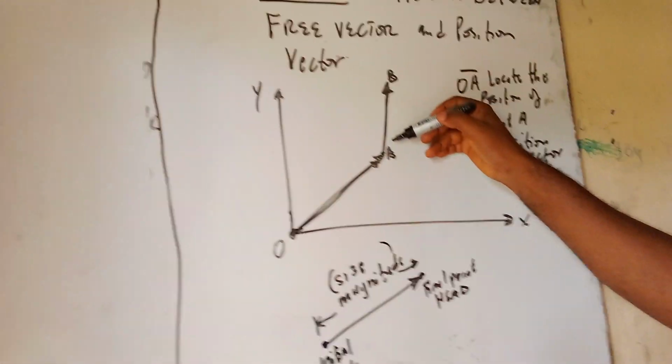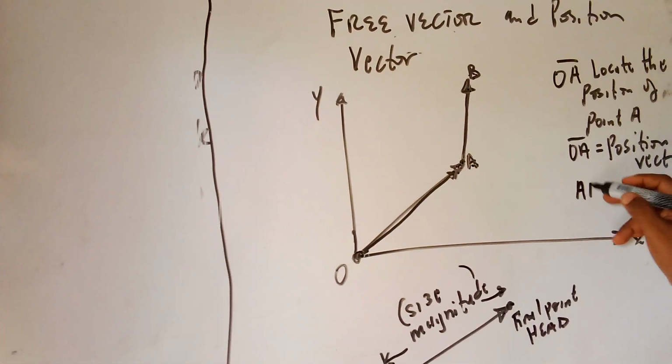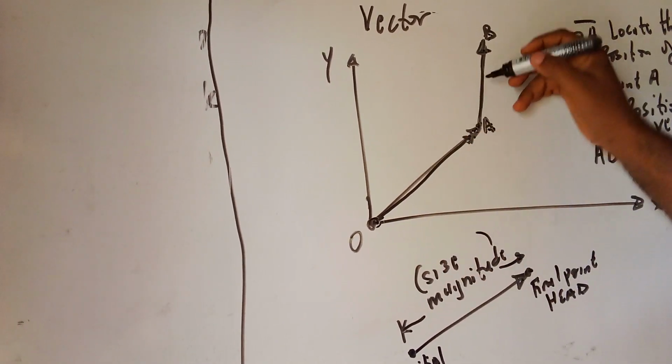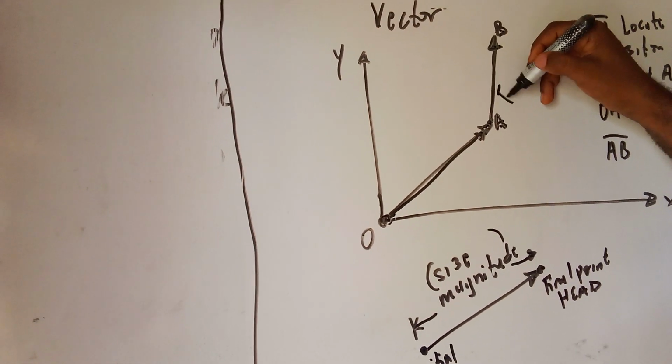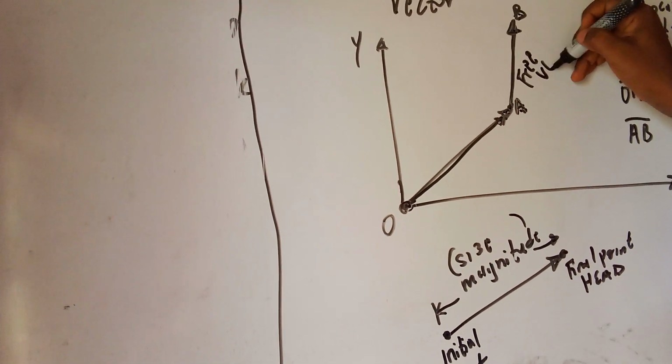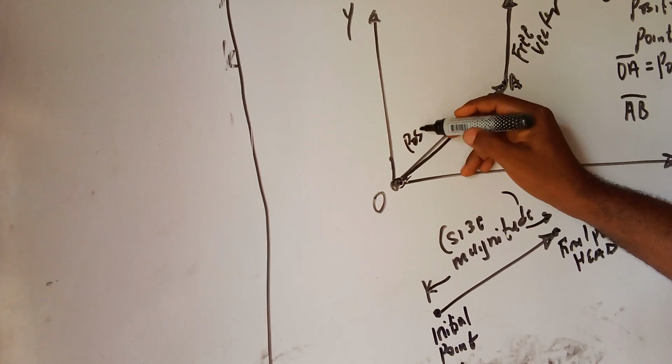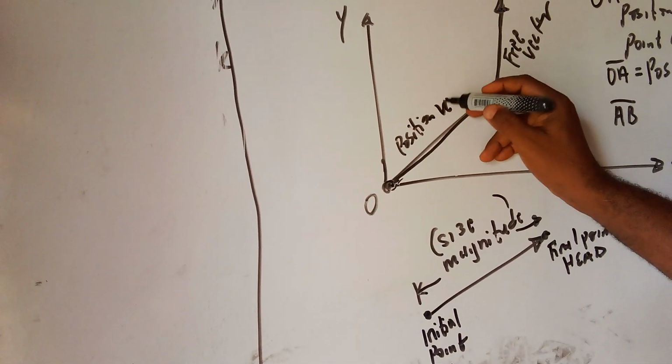Now, if you look at the vector AB, the tail of this vector AB is not tied to the origin. So vector AB is called free vector, while vector OA is called position vector.